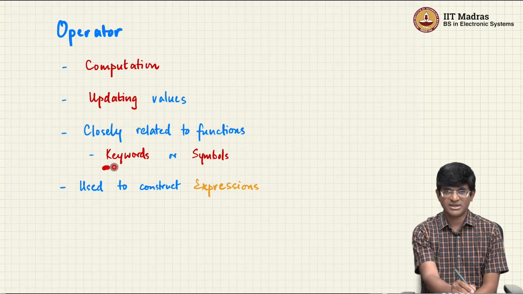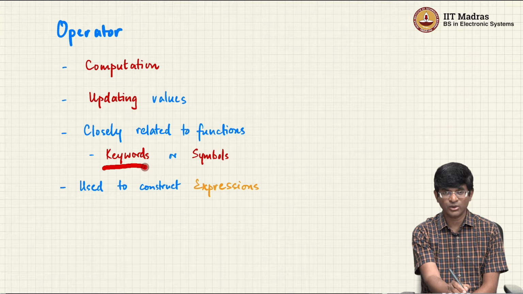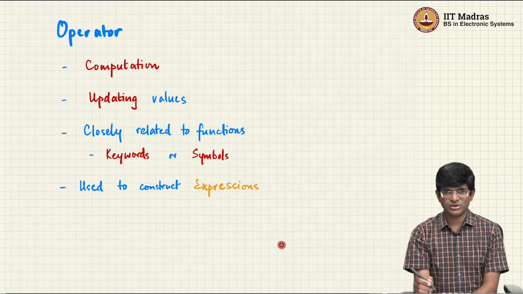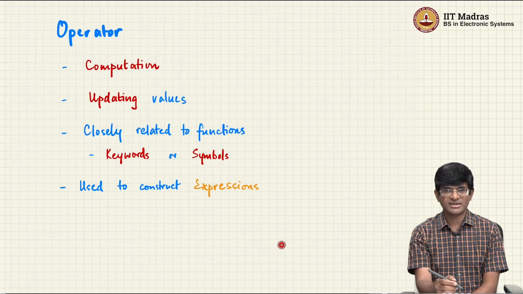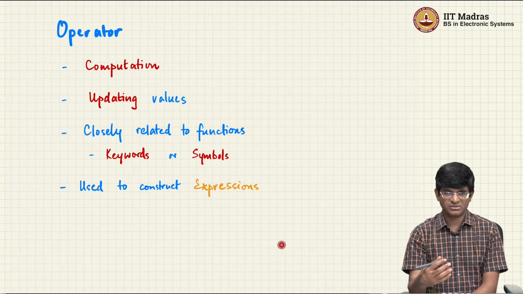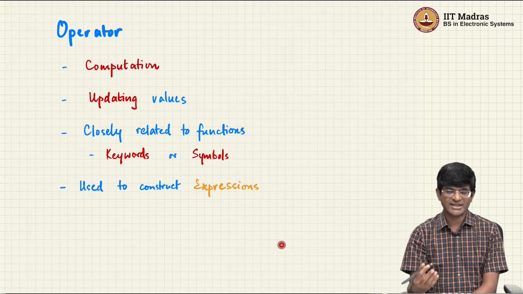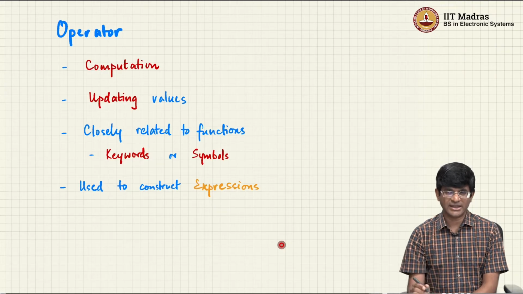There are certain keywords that are also used as operators. One of the things to generally keep in mind is, in most cases, the definition of operators is decided at compilation time itself. So, it is not something that can be dynamically determined at runtime in general.